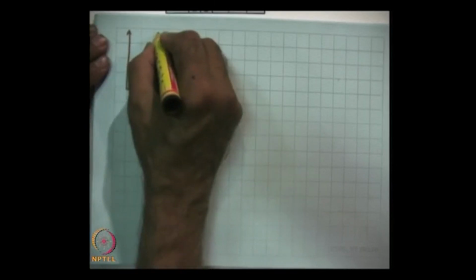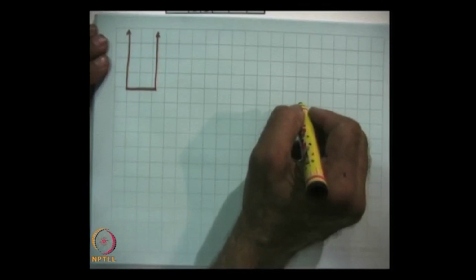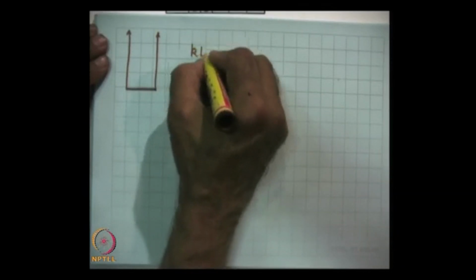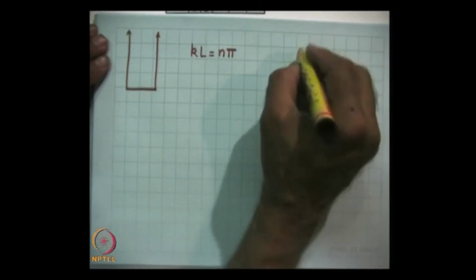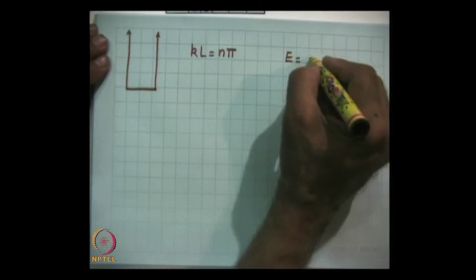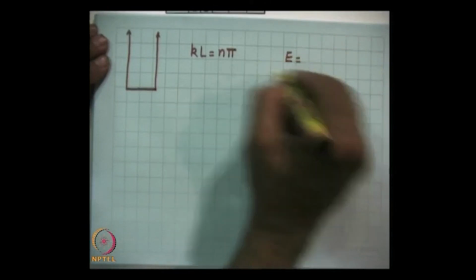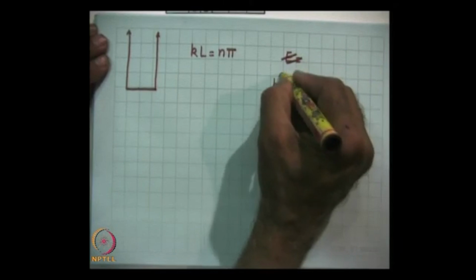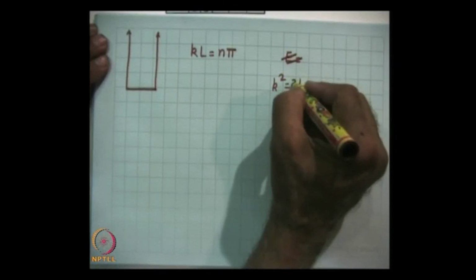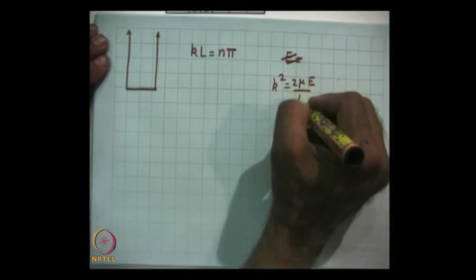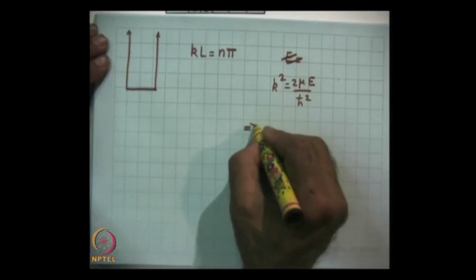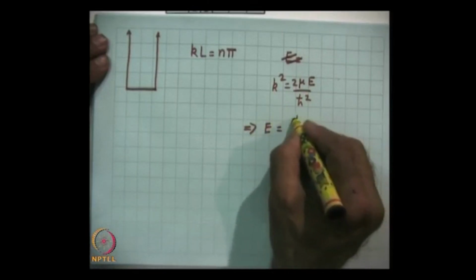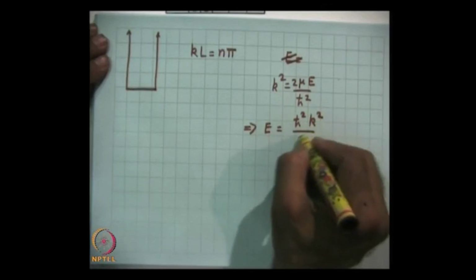So, we have found that for the wave function to vanish at x equal to 0 and at x equal to L, k L must be a multiple of pi, where n is 1, 2, 3, and since k square is equal to 2 mu E by h cross square, therefore E is equal to h cross square k square by 2 mu.